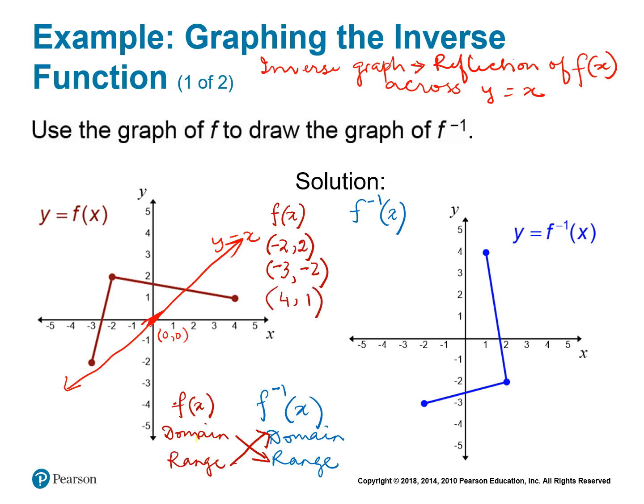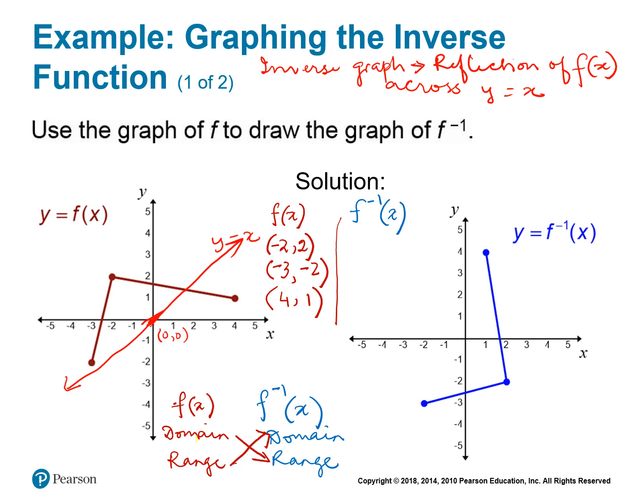So now what I'm going to do is to get the coordinates of those same points across the y equals x line, which will be the points on the inverse function graph. I'll just switch the x and the y values for each point.